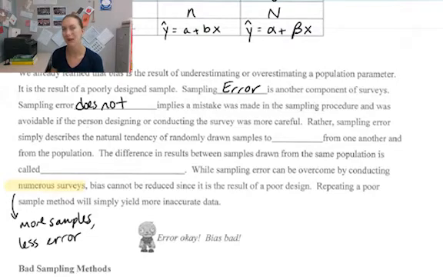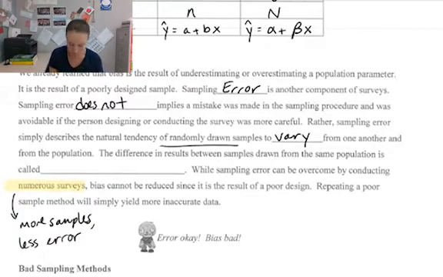So it's not about us designing a bad sample or a bad survey or experimental design, or gathering the data in a way that wasn't okay. That's not what sampling error is. Sampling error simply describes the natural tendency of randomly drawn samples to vary.